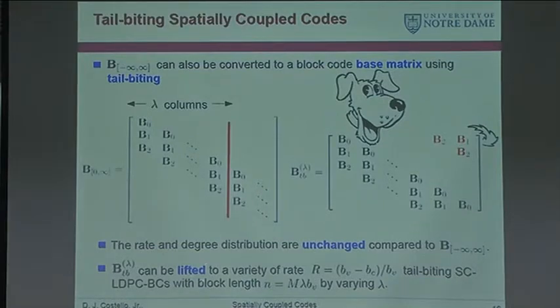The rate is exactly the same, and you can get a variety of block lengths by varying the lambda, which is the number of columns you save before you do the tail biting.